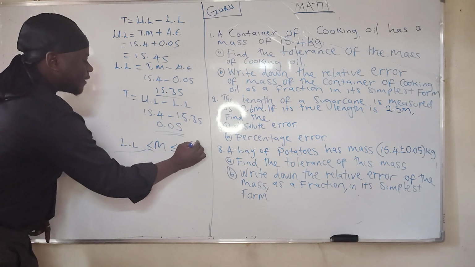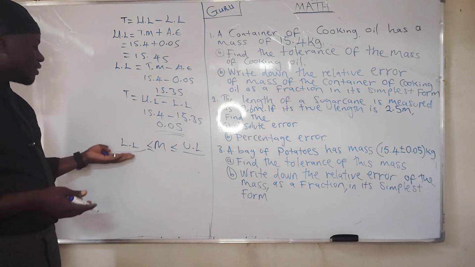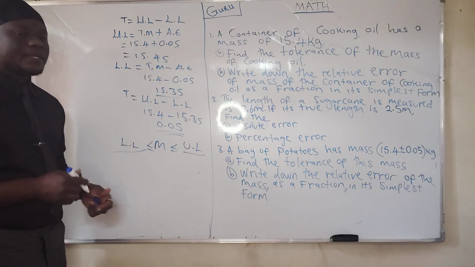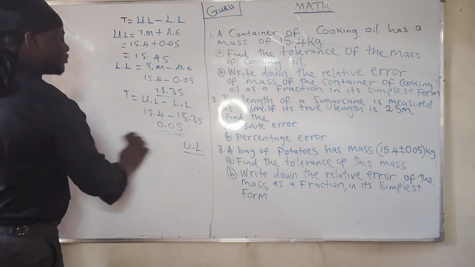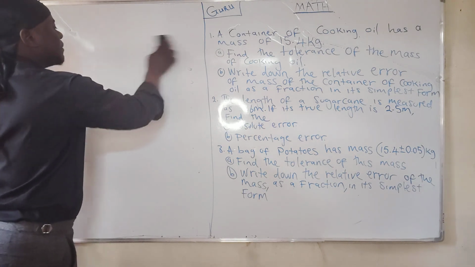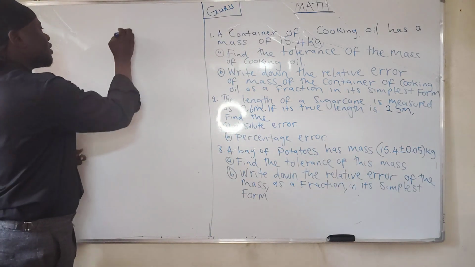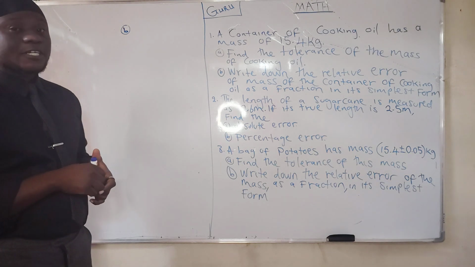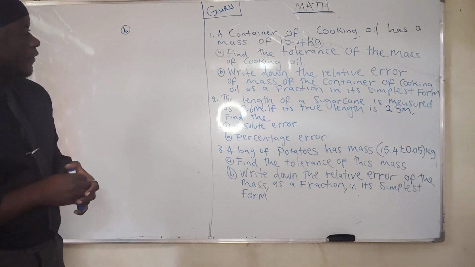So if you see a question saying complete a statement, here lower limit, here upper limit. Done. Okay, so we are done with A. It's simple, it's just that I was showing you step by step. You can just easily get 2 marks here. So these are the questions that I would encourage you, especially that you are about to write the final exam, especially the GCE, to be practicing so that you get 4 marks.